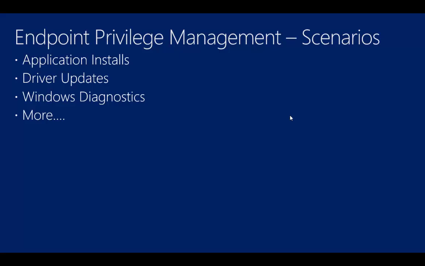Same kind of scenario, if there are driver updates that need to be applied, you can grant that right. Heck, you could grant that right temporarily to a user if you wanted to get things done. If there are certain Windows diagnostics tools that need to be run in an environment to collect data, then that's maybe an option. And you can fill in the blank for any other scenarios that might be applicable to you.